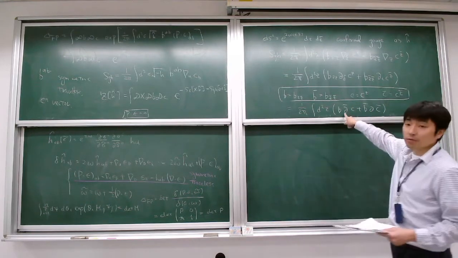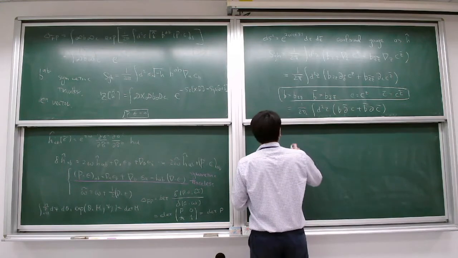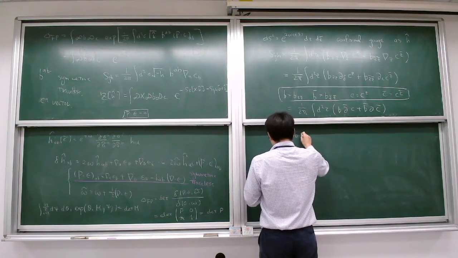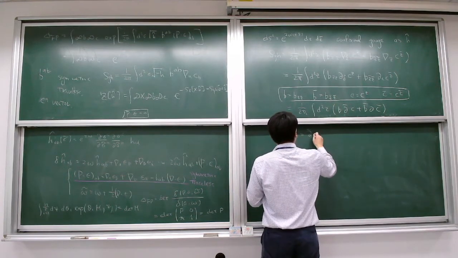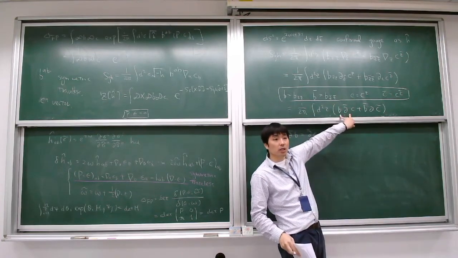So this is the action for the BC ghost, and then we will take the equation of motion. So the equation of motion for this sector is this one.